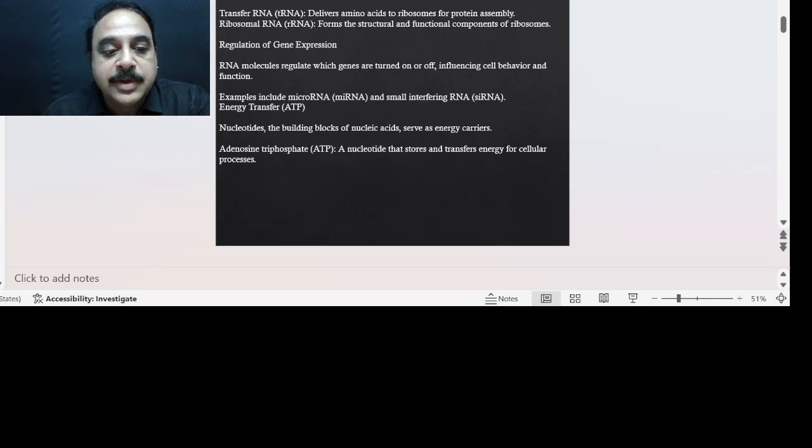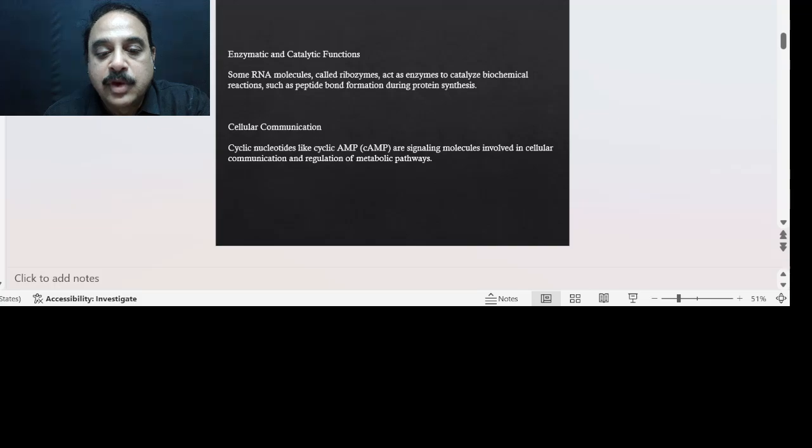One of the smaller functions of nucleic acids is enzymatic and catalytic function. Some RNA molecules, called ribozymes, act as enzymes to catalyze biochemical reactions such as peptide bond formation during protein synthesis.